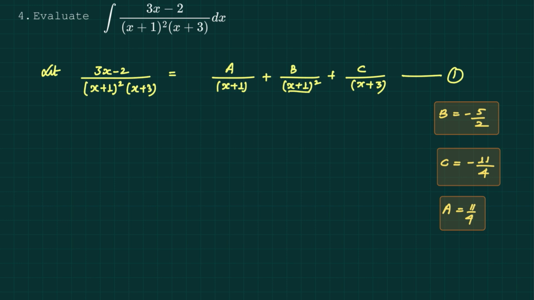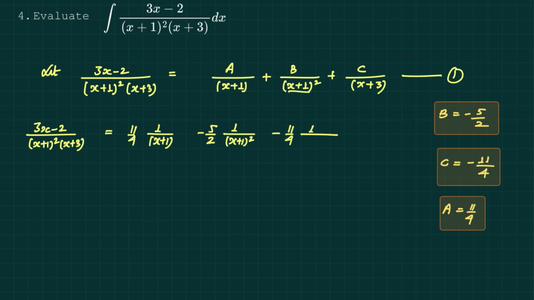Then we will have equals to the value of a is 11 by 4 into 1 over x plus 1. The value of b is minus 5 by 2 into 1 over x plus 1 whole square, and the value of c is minus 11 by 4 into 1 over x plus 3.